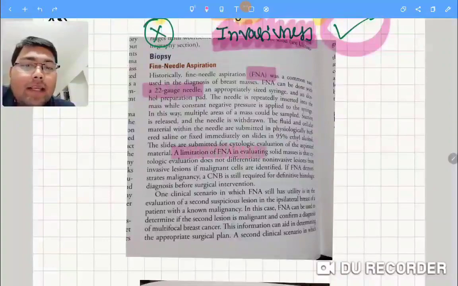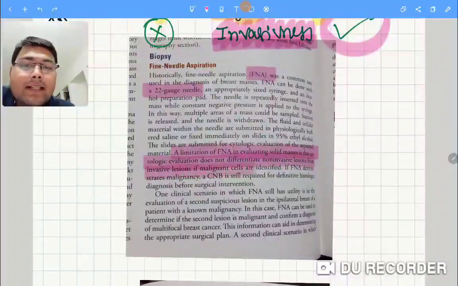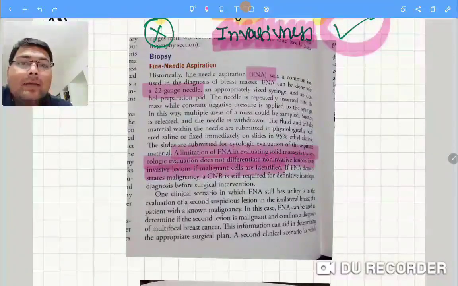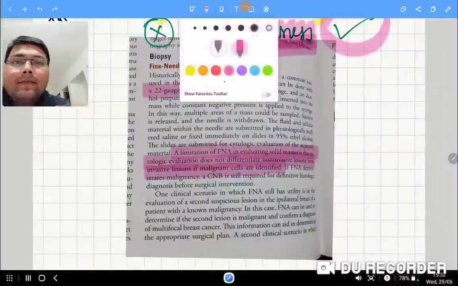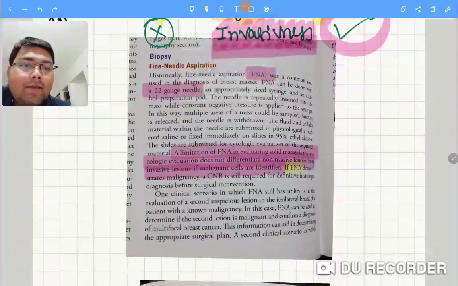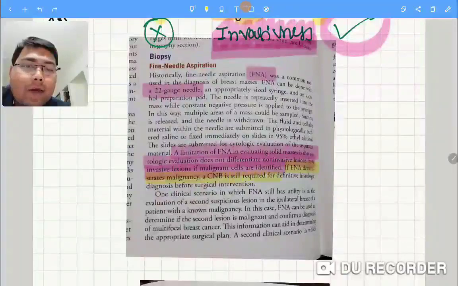Limitation of FNA in evaluating a solid mass: the cytological evaluation does not differentiate a non-invasive lesion from an invasive lesion if malignant cells are identified. Yes, this is what we told, that invasiveness cannot be told by the FNAC, and if FNA demonstrates a malignancy, a core needle biopsy is still required for a definitive histological diagnosis before proceeding towards the surgery.